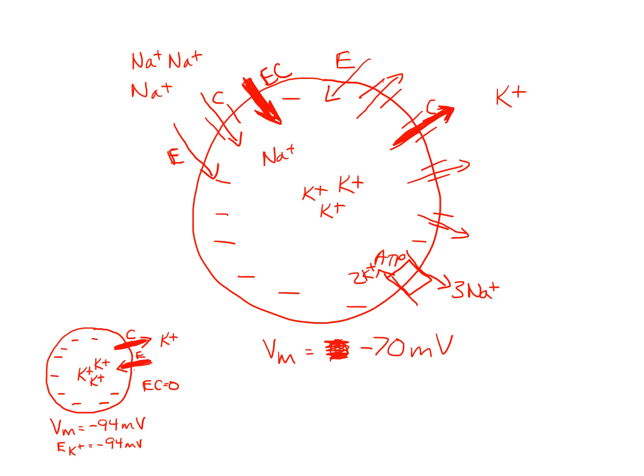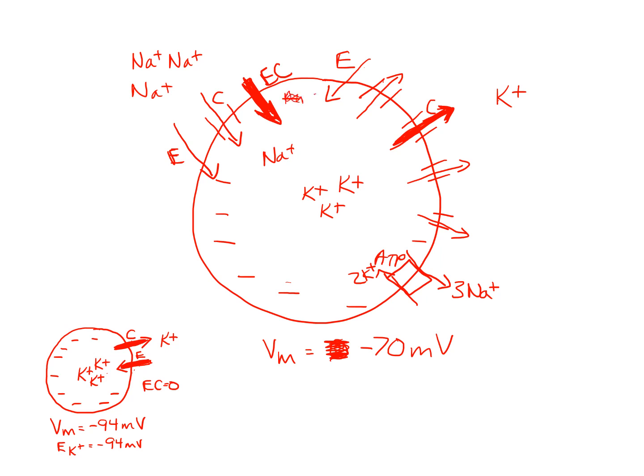But what about our electrical driving force? Does potassium want to go in as much at minus 70 millivolts as it did over here at the minus 94 millivolts? Because there's actually more negatives inside the cell at minus 94 millivolts, isn't there? Okay, and then at minus 70 millivolts, there's 1, 2, 3, 4. Whoops, I got one too many.